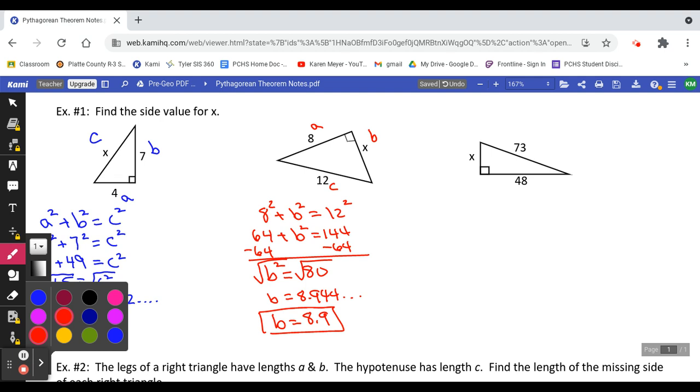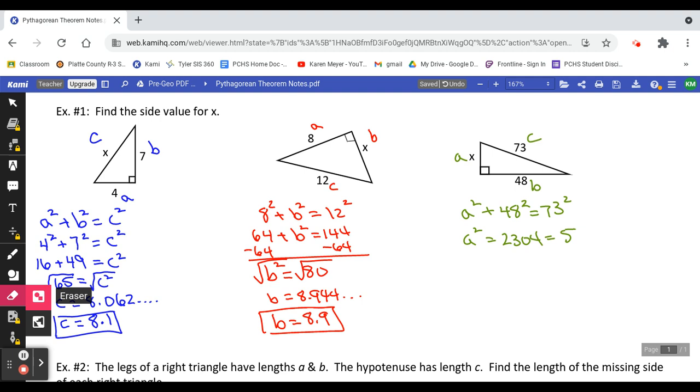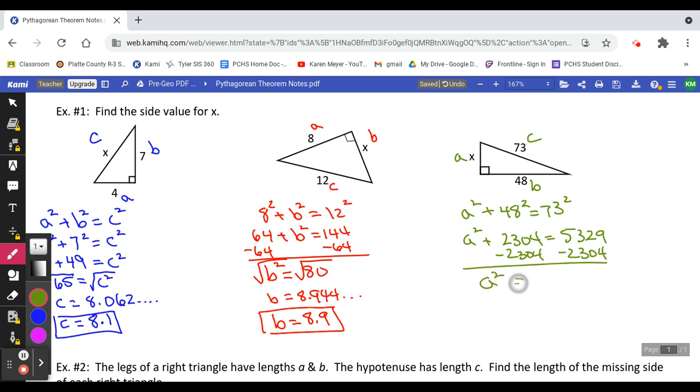Okay, pause the video and you try the last one by yourself. And this time I got it to work out nice and neat, so make sure you got the answer to be 55.